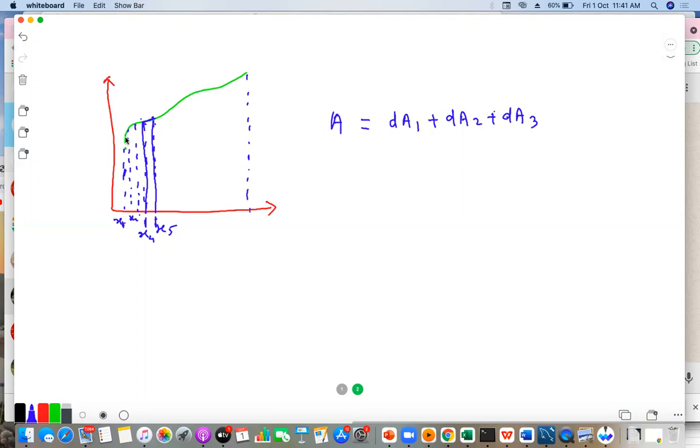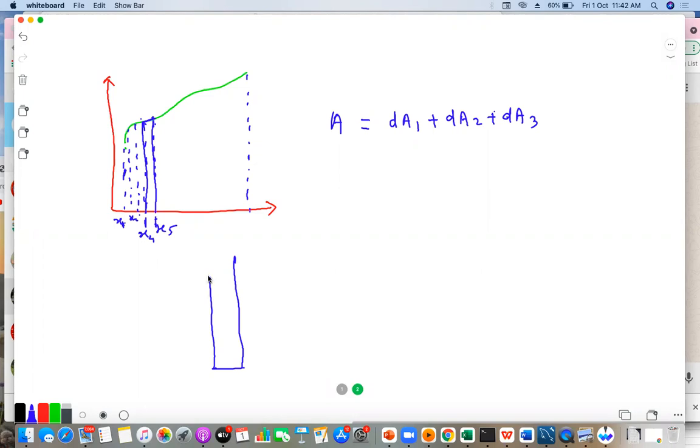Now to find this small strip area, let us draw this part only, in a zoomed or exaggerated way.